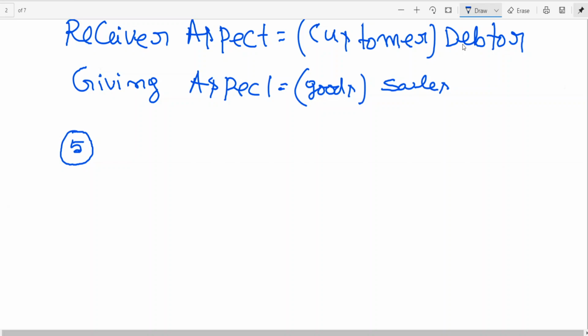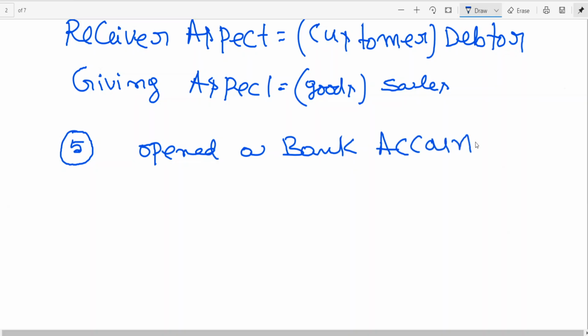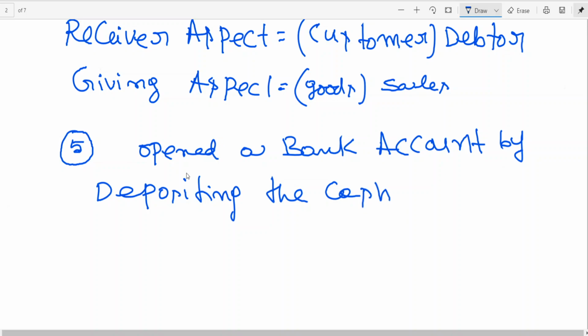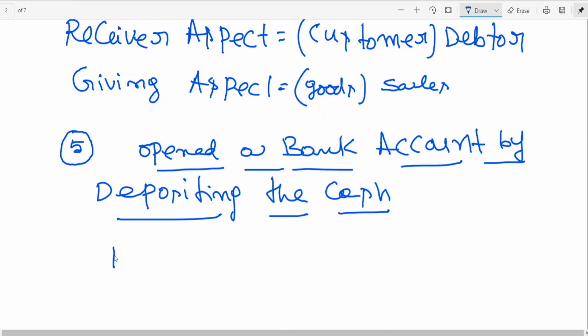So what I am going to tell you today is: opened a bank account by depositing cash.